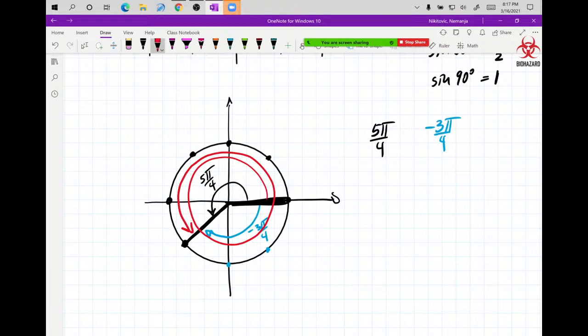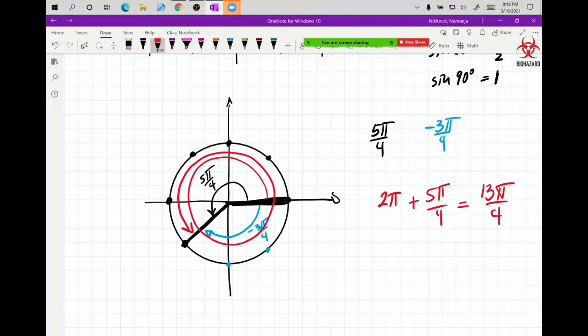The red one is the full circle plus 5 pi over 4. And that is 13 pi over 4, right? When you do the common denominator, multiply by 4 on the 2 pi side.